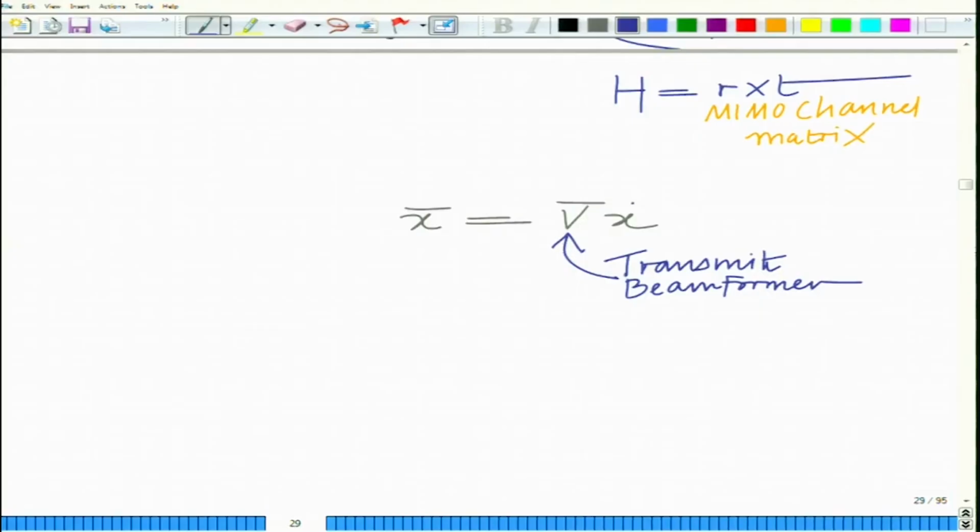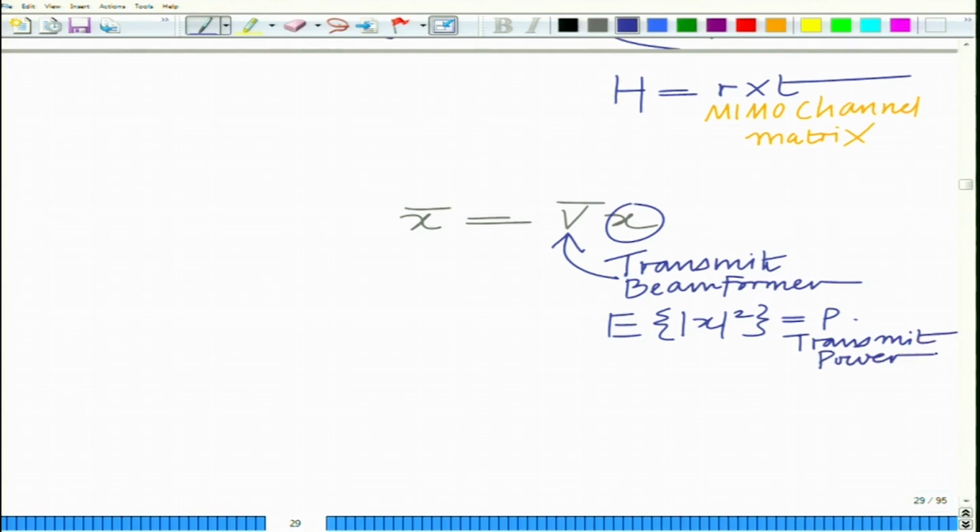Now the transmit power can be P. The beamformer itself simply focuses the signal, therefore it should not amplify or attenuate the signal.